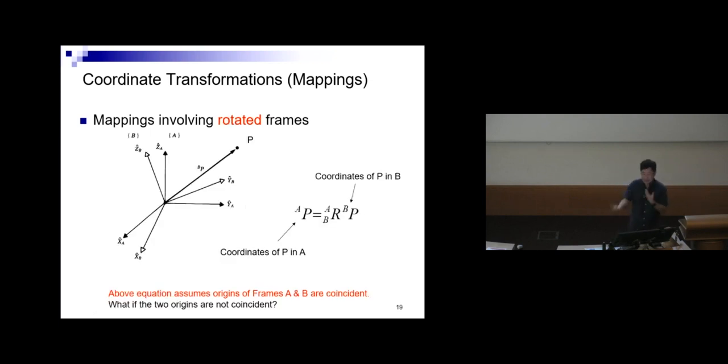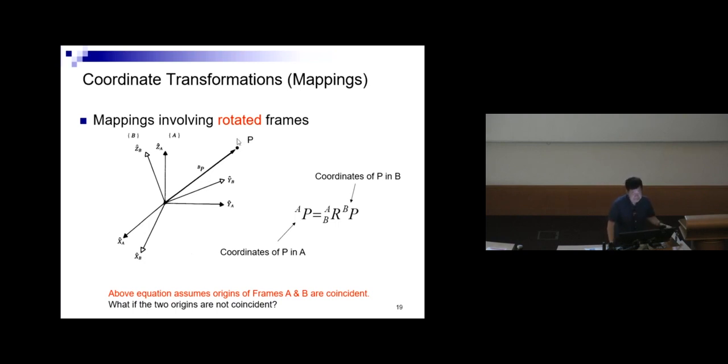Now we have a rotated frame, meaning that both the A frame and B frame are initially coincident. They are initially aligned; the axes are initially aligned.